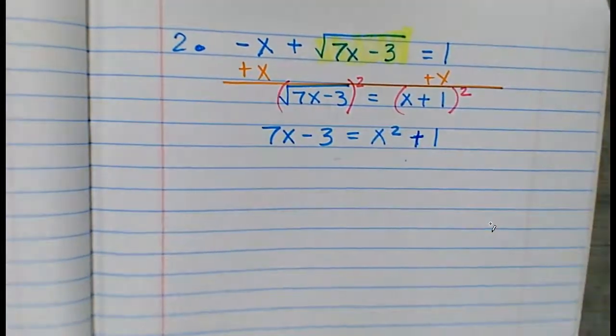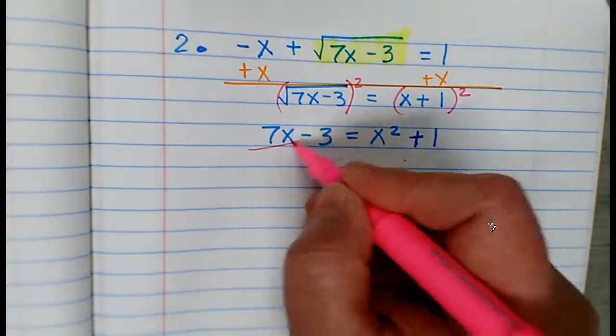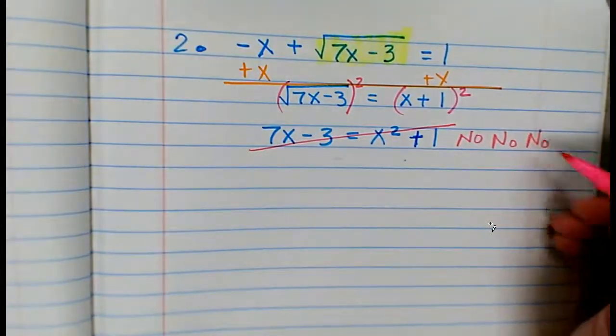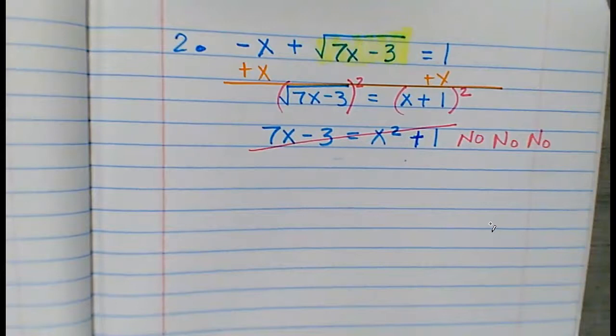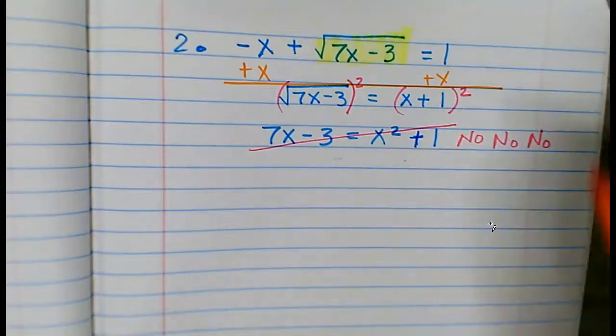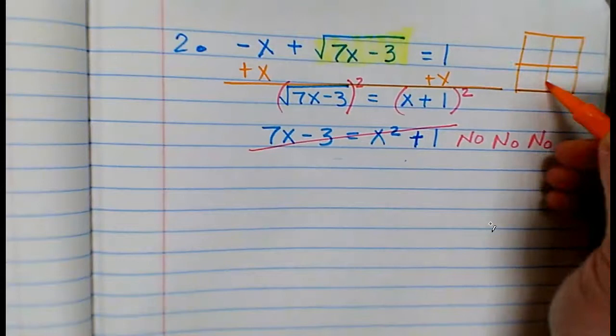Is that correct? What's wrong with it? When you square a binomial, what do you have to do?